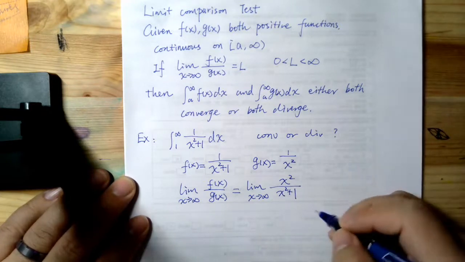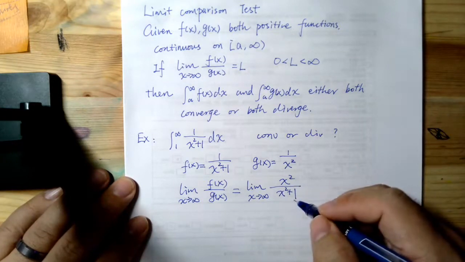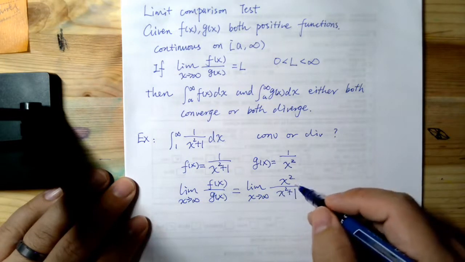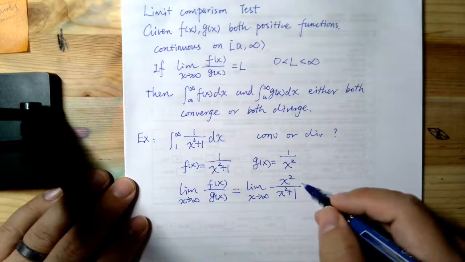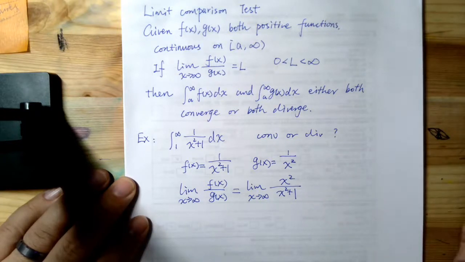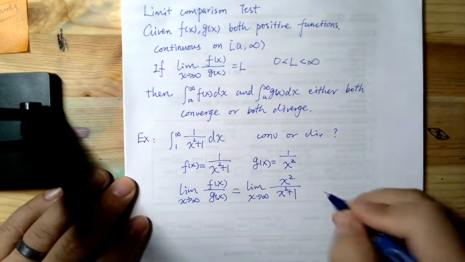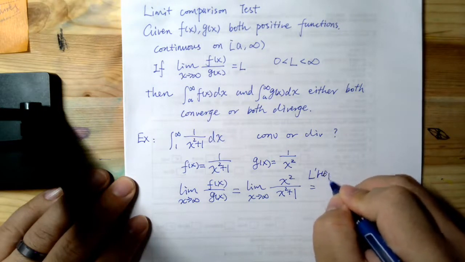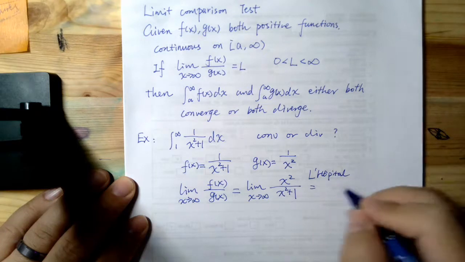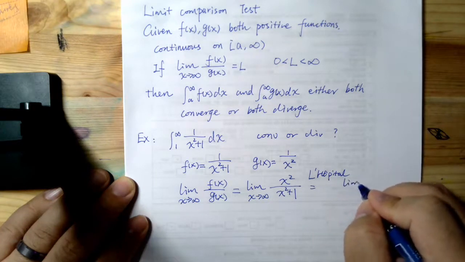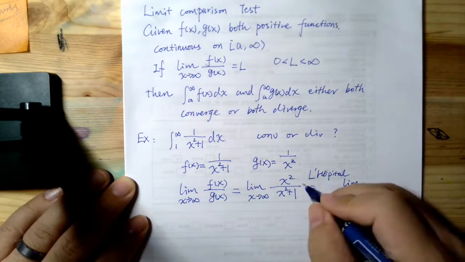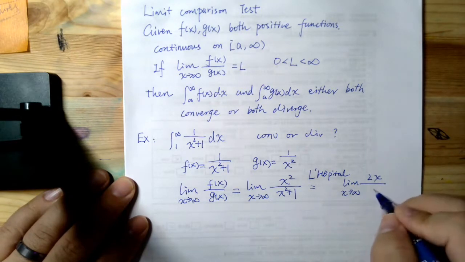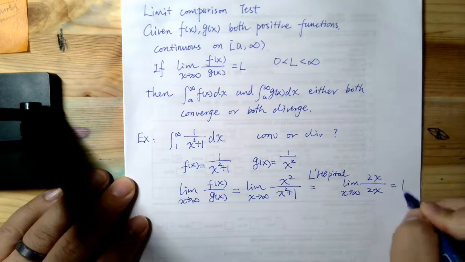Now to evaluate this limit, we can apply L'Hopital's rule because both top and bottom are of infinity over infinity type, the indeterminate form. L'Hopital's rule says the limit as x goes to infinity of the derivative of the top, which is 2x, over the derivative of the bottom, which is 2x. Turns out this limit equals 1.